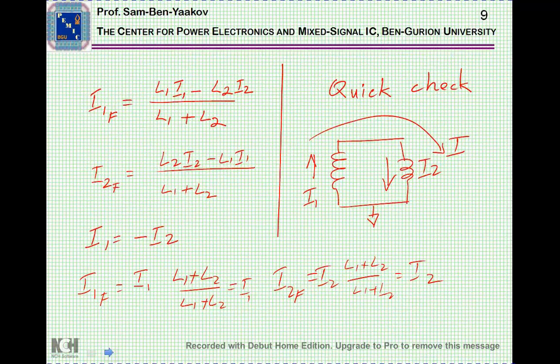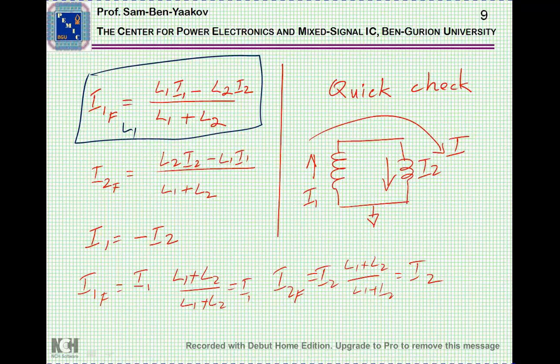And reworking it, we end up with this equation for the current through L1, and for the current for L2 is this one here. Well, they look the same, and they should look the same. Now, again, we know that I1 at the end will be minus I2.